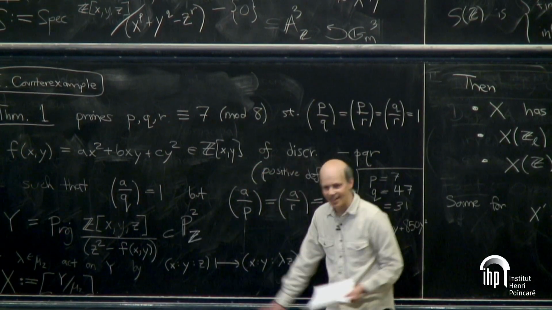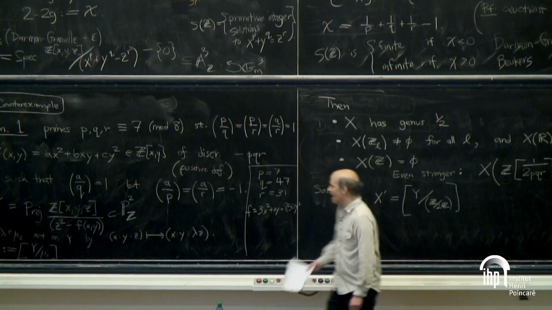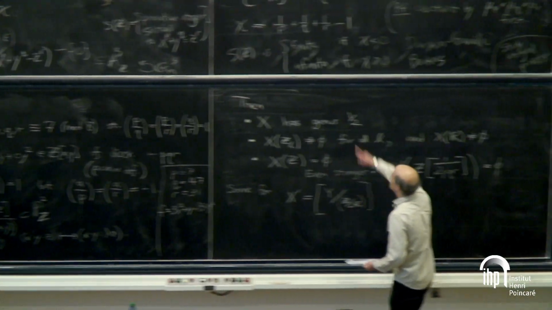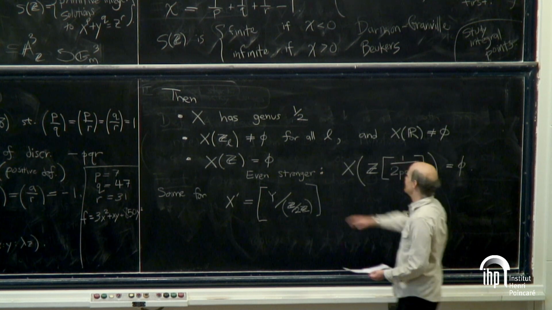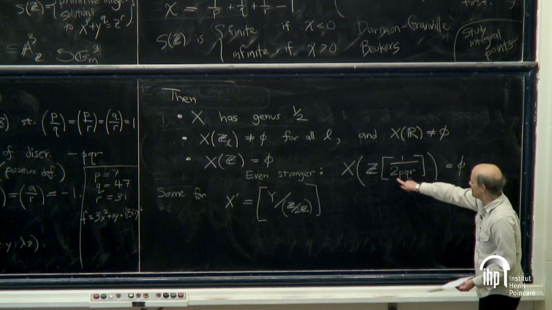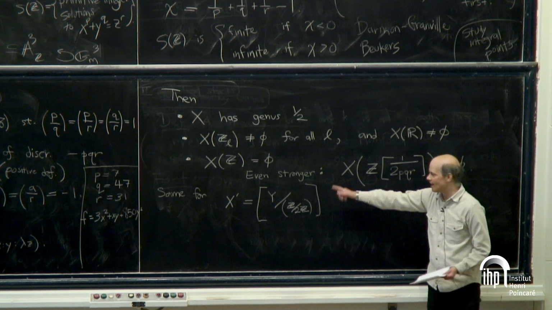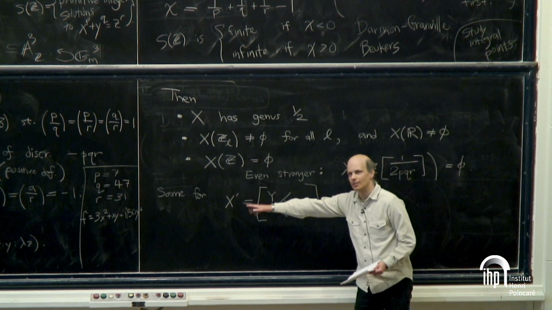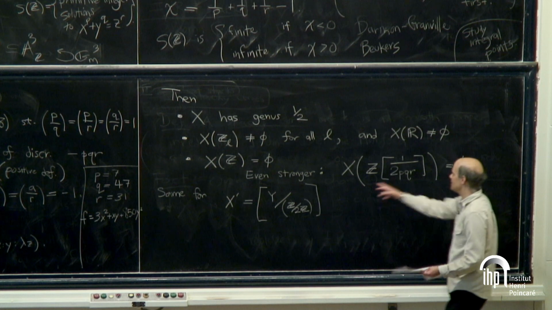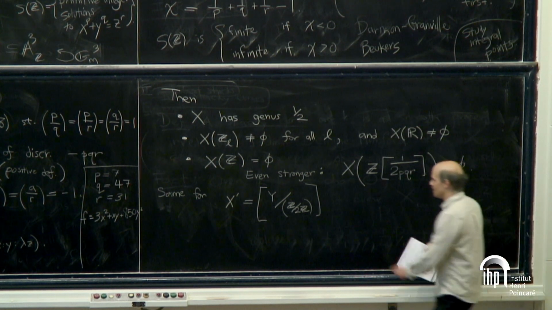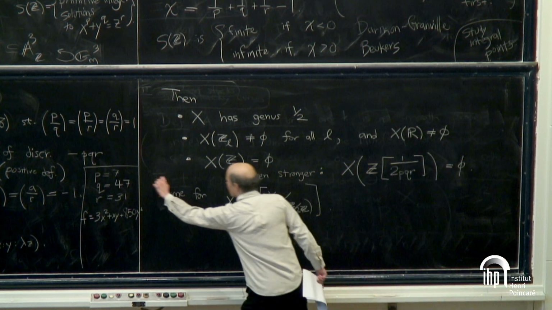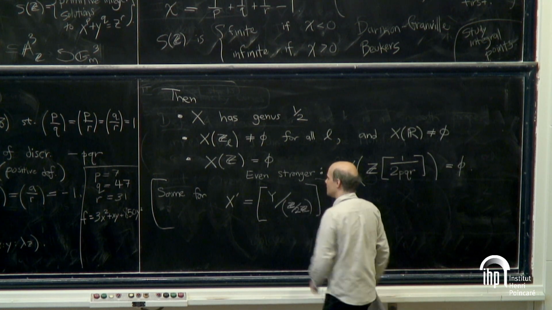And then you can form that stack quotient as well. It's going to have the same properties. This is going to be the same for X and X prime because these two stacks are isomorphic once you invert 2. So you can check this. Okay. So anyway, if you want to do that, you can do that.